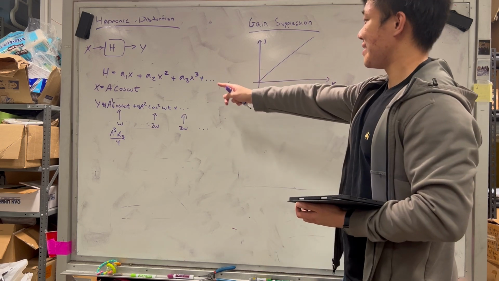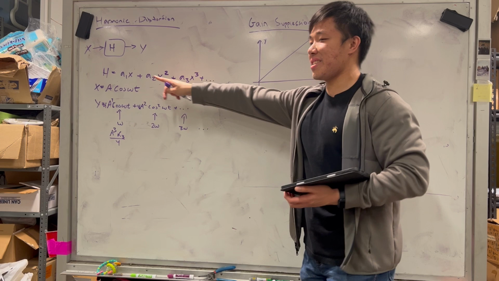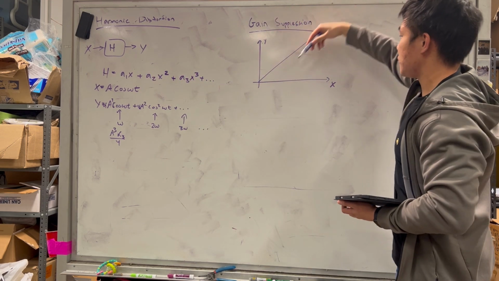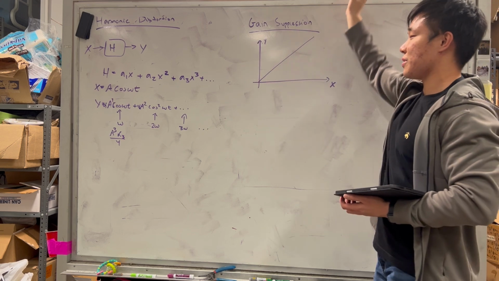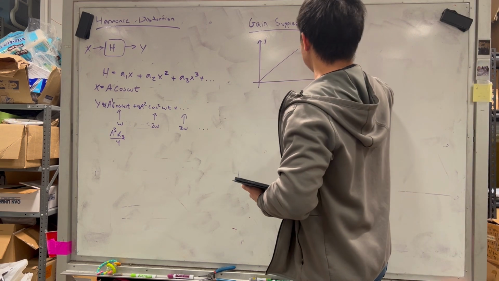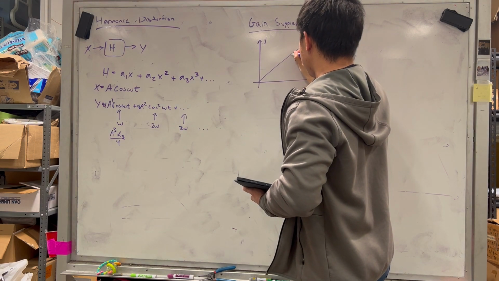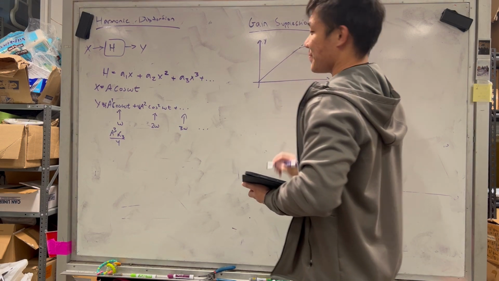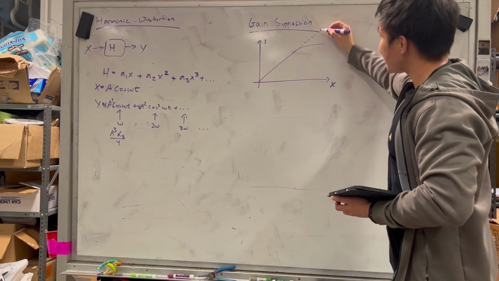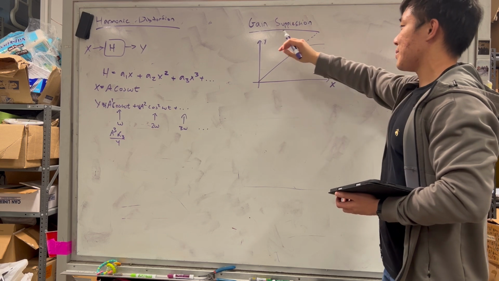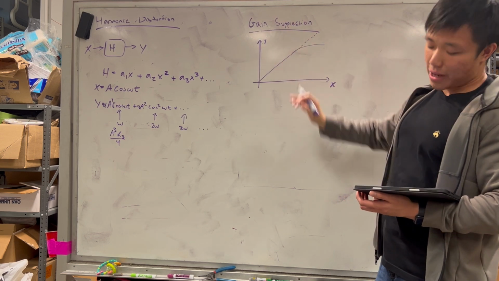Because if you think about it, if this and this are the same sign, then this will go up to infinity, right? As x gets larger and larger, your output gets larger and larger. That's not the case. So what ends up happening is you'll see something that looks like that. Ideally you'll see the straight line, but in actuality, whatever I feed in, I don't get what I thought I would get at y.